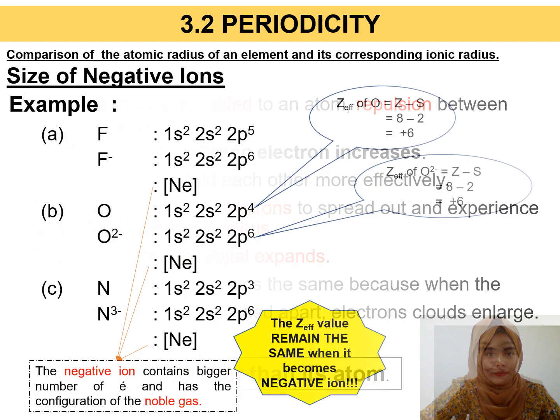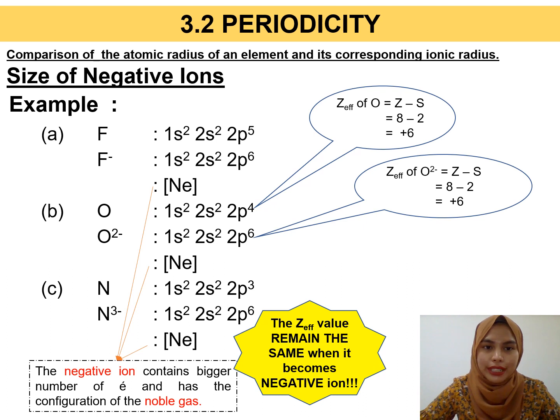Alright. Earlier we discussed, for the size of negative ions, why does the size become smaller? Because of the shielding effect. Okay, because the shielding effect increases.